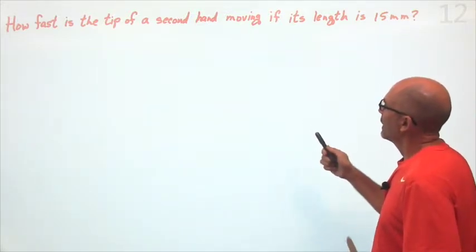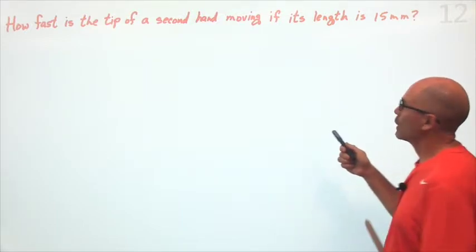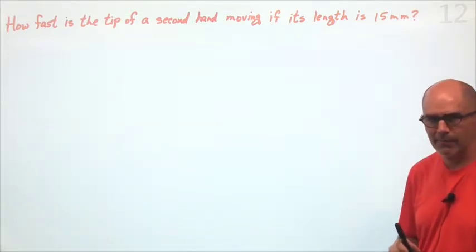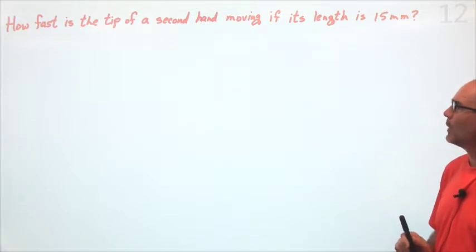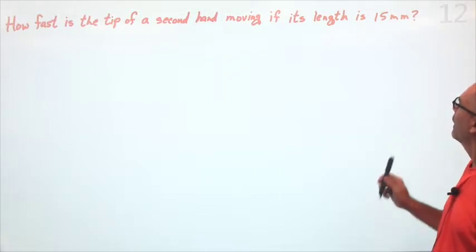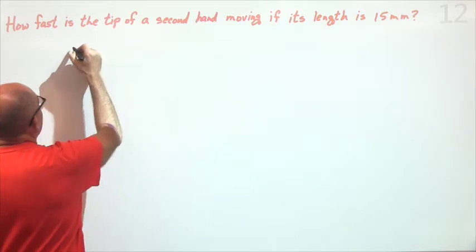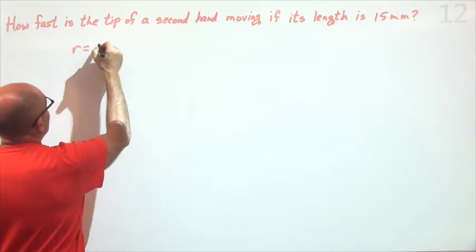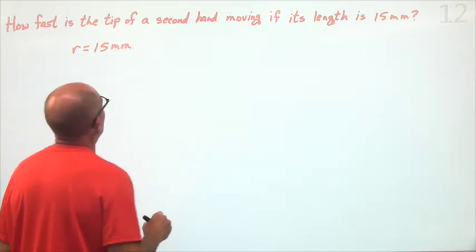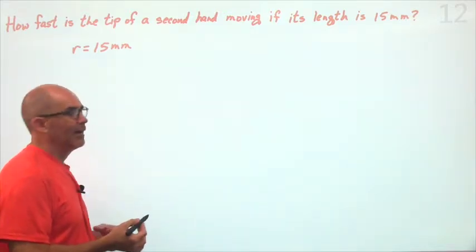How fast is the tip of a second hand moving on a clock if its length is 15 millimeters? Okay, that's interesting. How are we going to do this? All right, well, let's look at it. We've got the length of the hand is 15 millimeters. And we know we're being asked for how fast, what is the velocity of that?